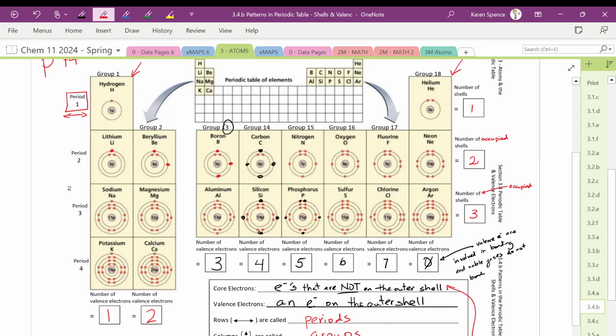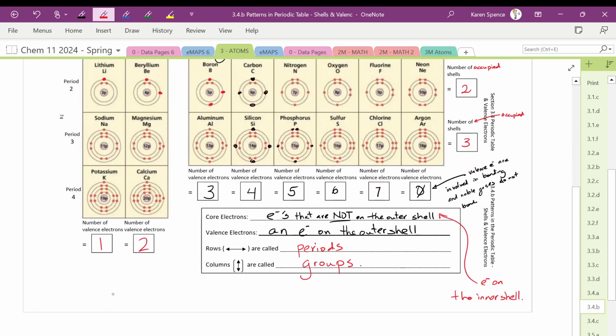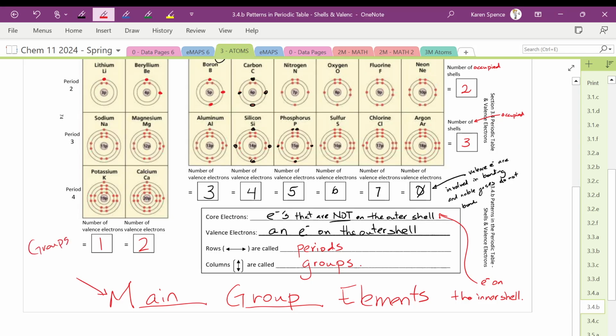We call those the main group elements. And what groups are those? Tell your partner. Groups 1 and 2 and 13 to 18.